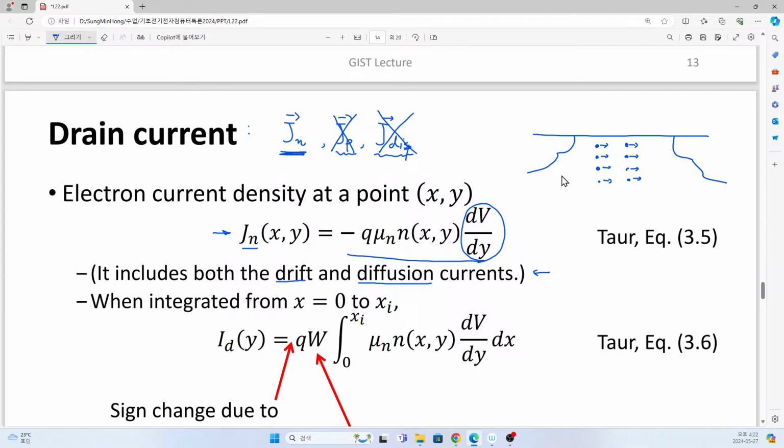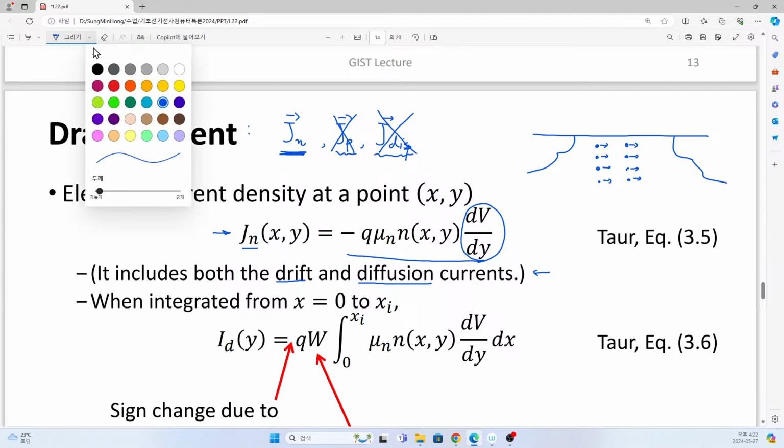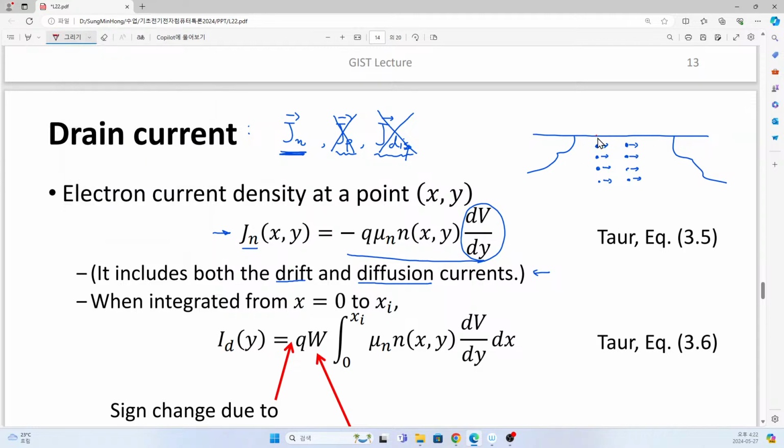This is current density, and in order to obtain current, we have to make an integration along this vertical direction. So as I told you before, this current is obtained by integrating this current density over x.